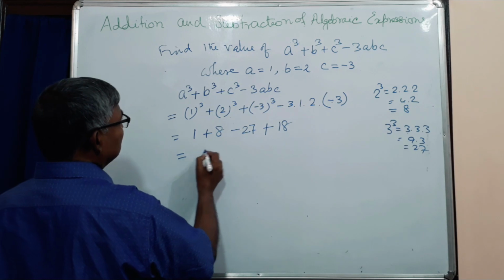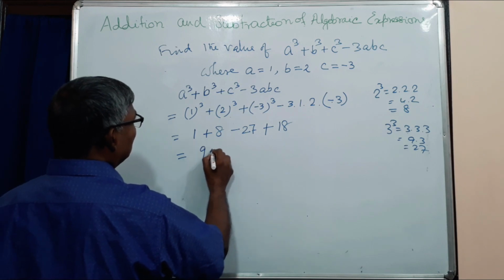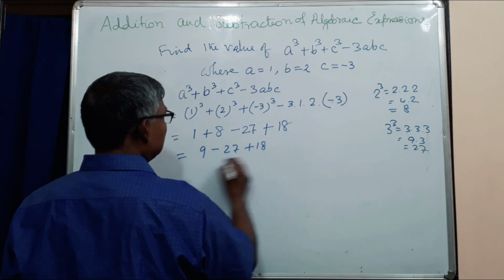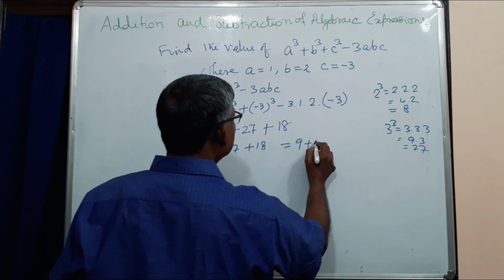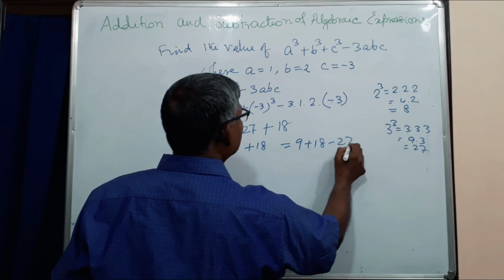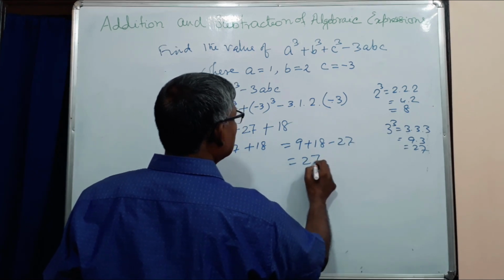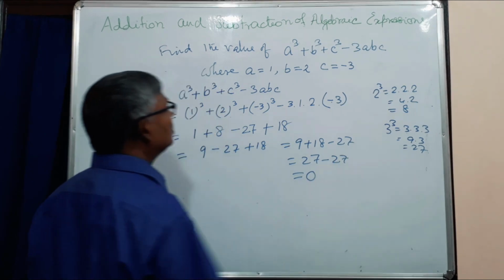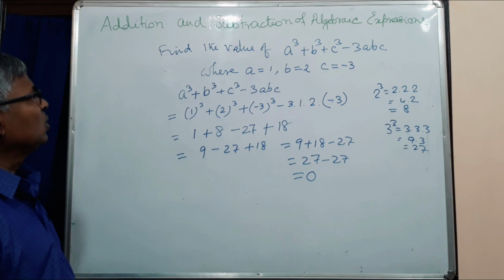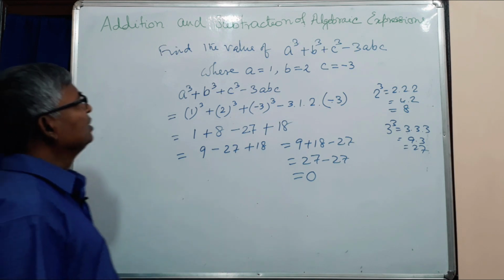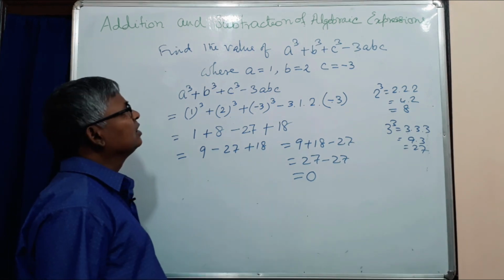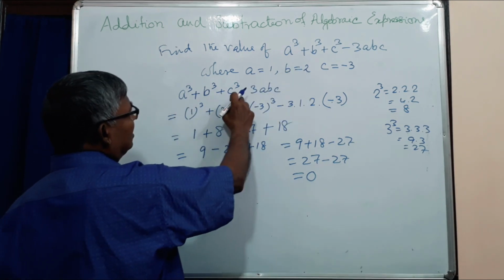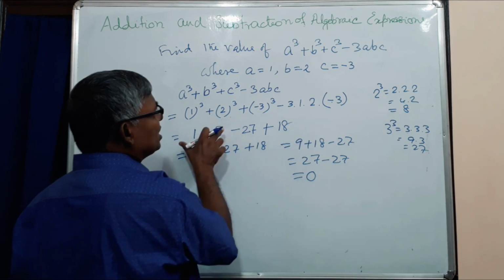Here you see it is 9 minus 27 plus 18 equals 9 plus 18 minus 27, that is 27 minus 27 equals 0. So I think this part is very easy. You simply put the value in the expression and take the calculation properly.